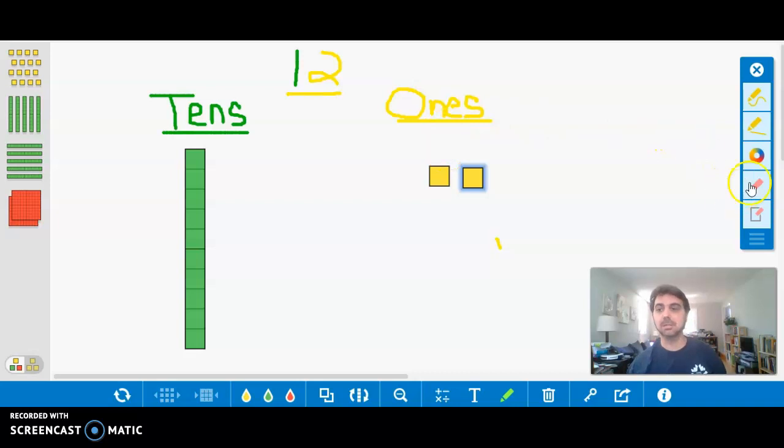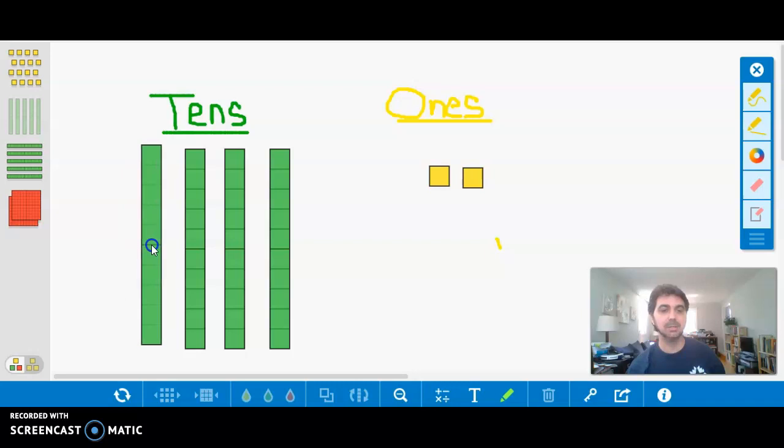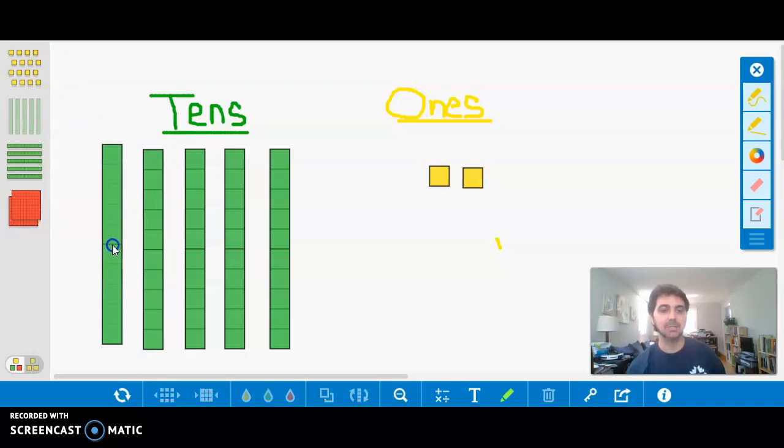We can also have a bunch of tens, just like we can have a bunch of ones. So let's say that we brought out another 10. So that's 2 tens, or 20. And let's say we have another 10. That's 3 tens, or 30. Or another 10. That's 4 tens, or 40. Let's do one more. Now we have 5 tens, or 50.